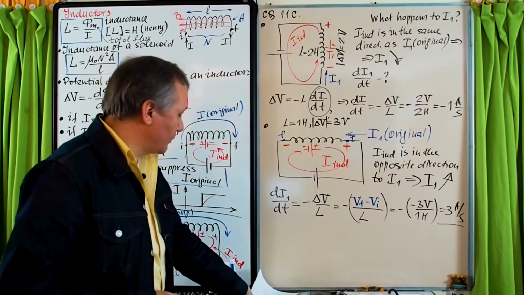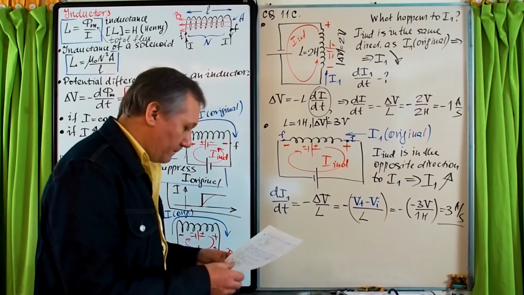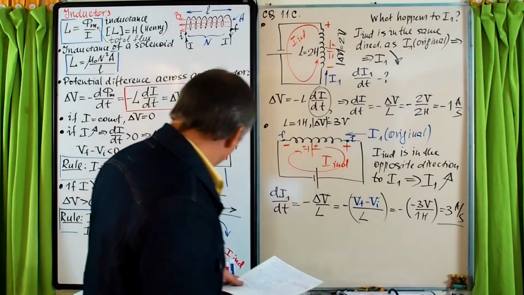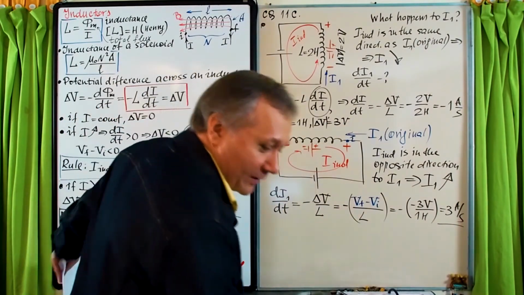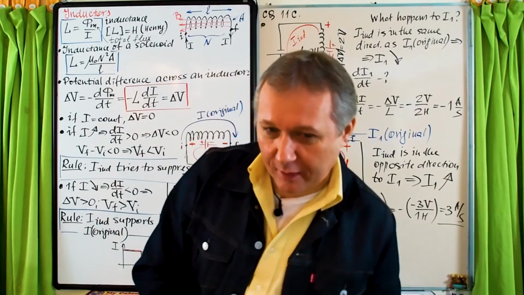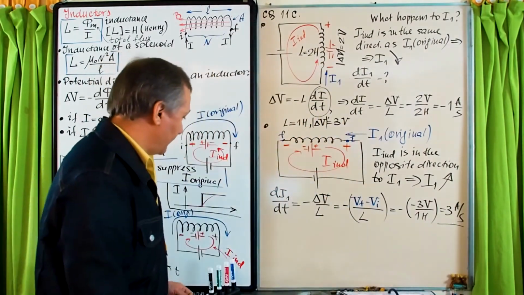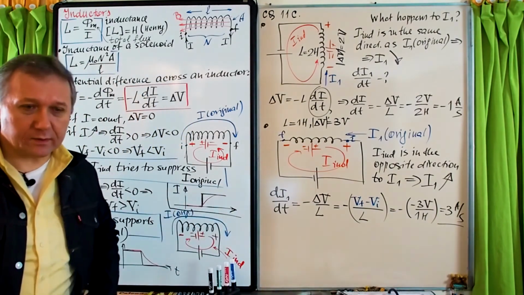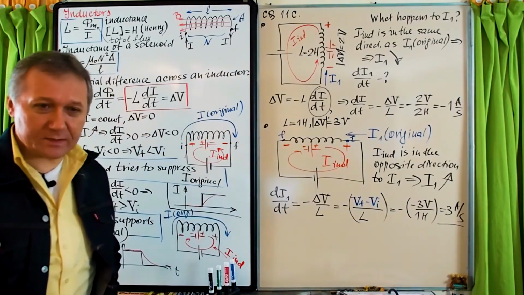Okay, so now another problem. You just need to get used to a new form of Lenz's rule, where you have to play with current, not the flux. Okay, let me at least discuss one more problem.